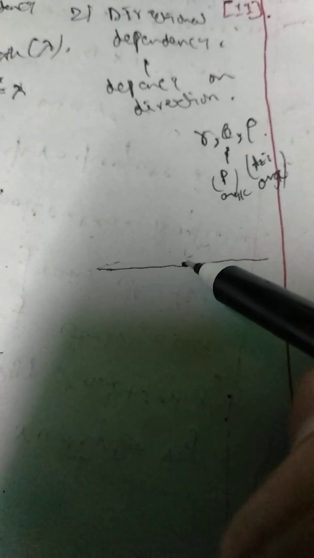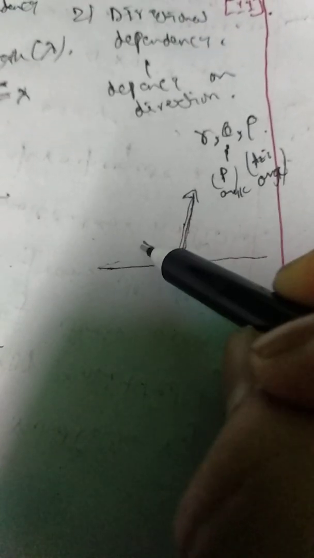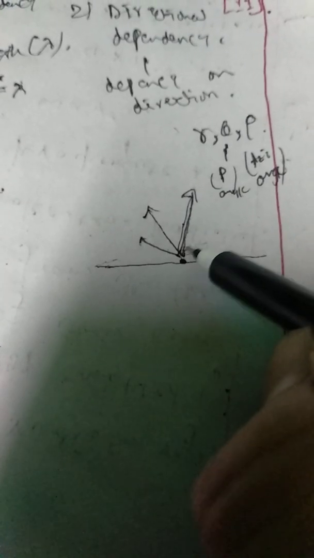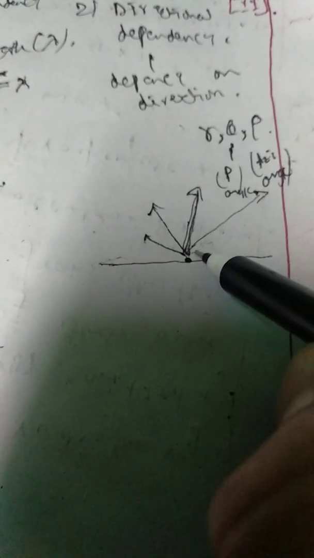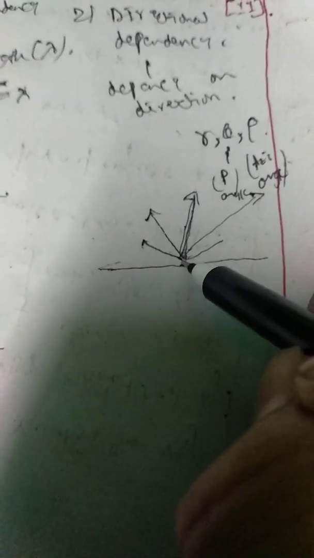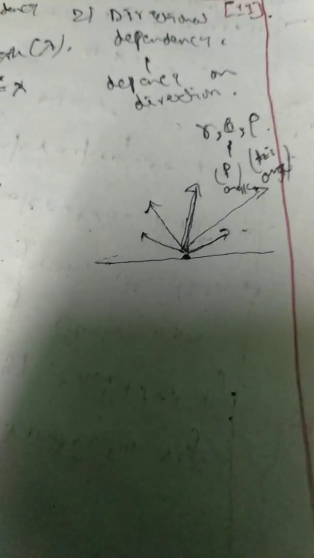It may be higher along one direction and less along another, and it may also be zero in some direction. The length of these arrows gives the intensity of the radiation in that particular direction.